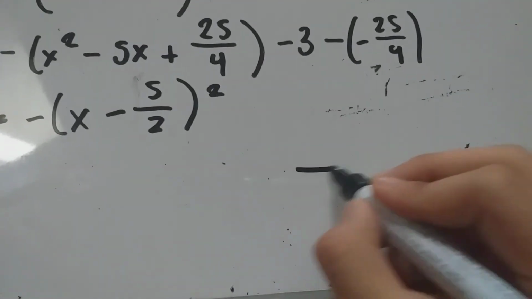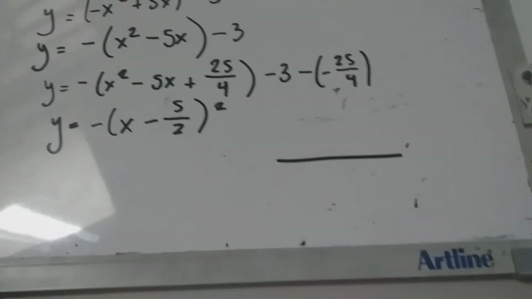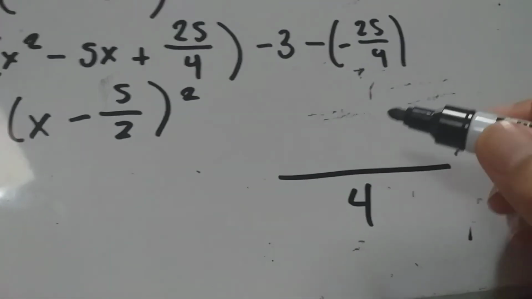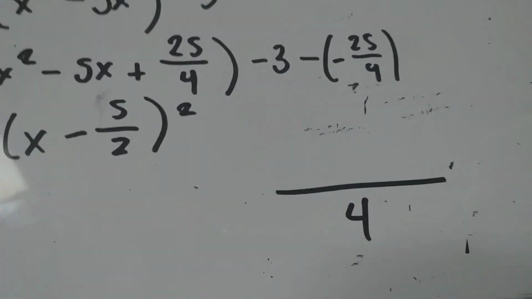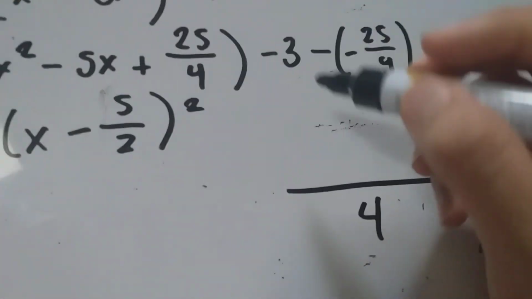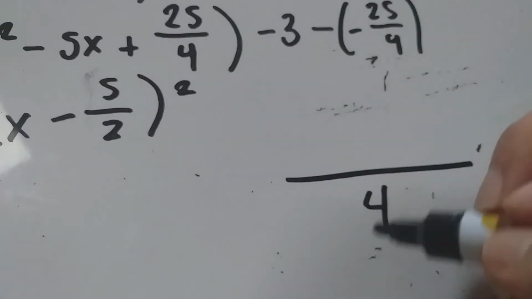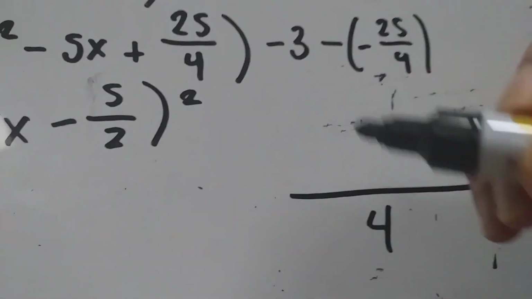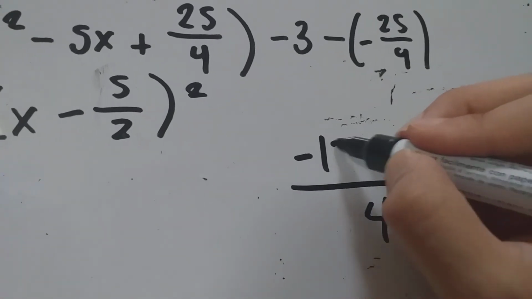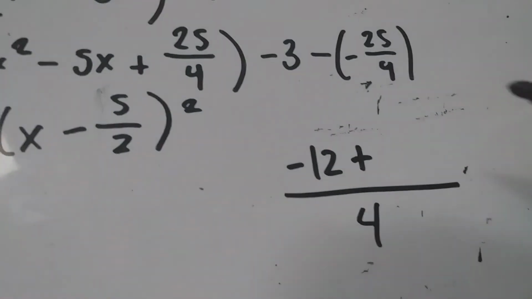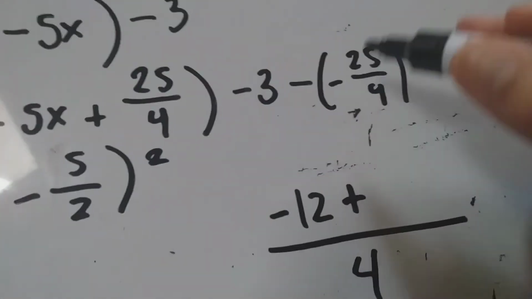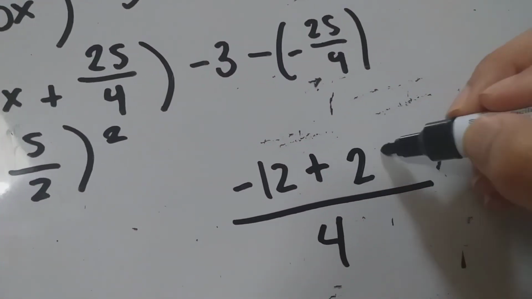Find the LCD of 4 and 1. Because it's a 1, you just multiply: 4 times 1 is 4. So that's their LCD. Then let's rewrite it. 4 divided by 1 is 4, times negative 3 is negative 12, plus, because it was addition a while ago, 4 divided by 4 is 1, times 25 is 25.